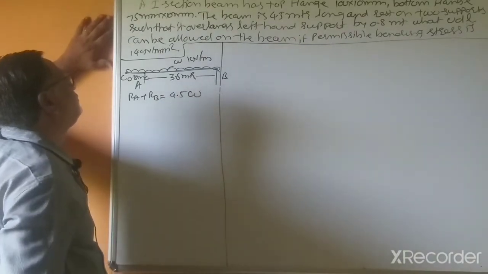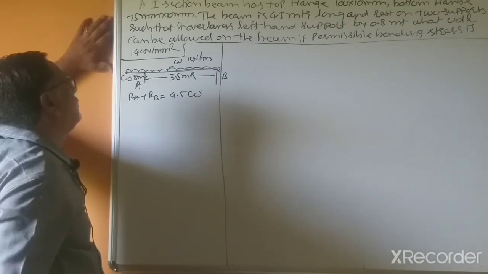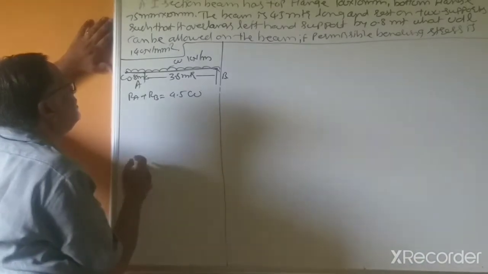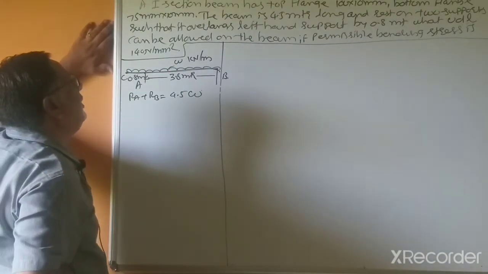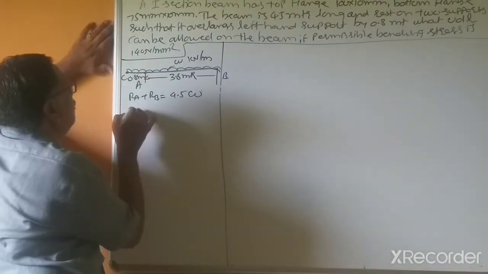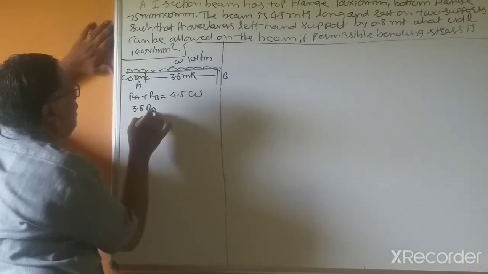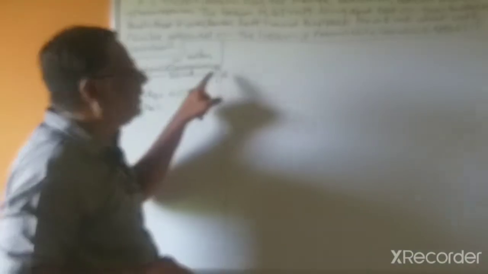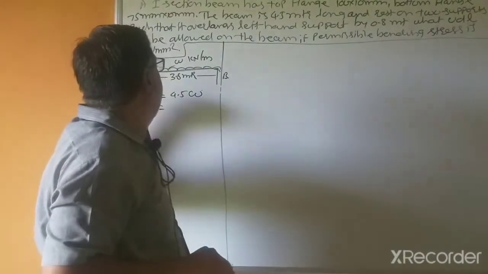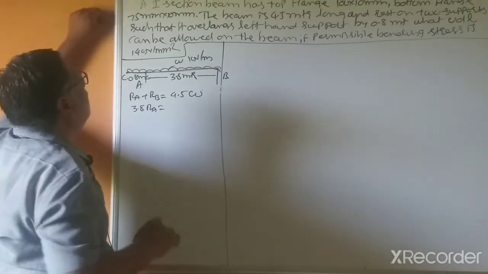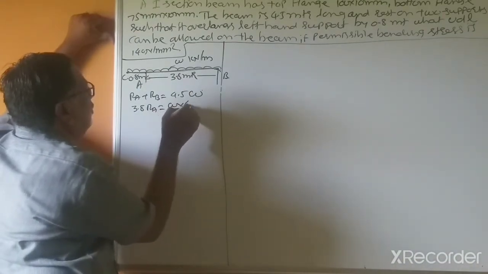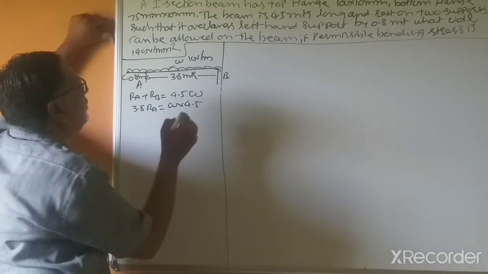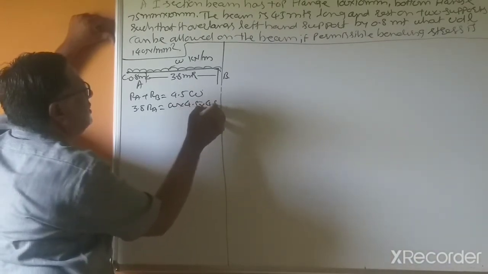By taking moments about B point, 3.8 into RA equals W into 4.5 and half of its distance.